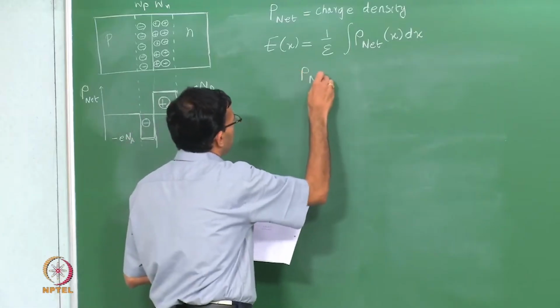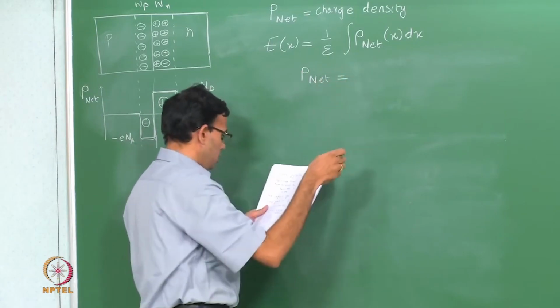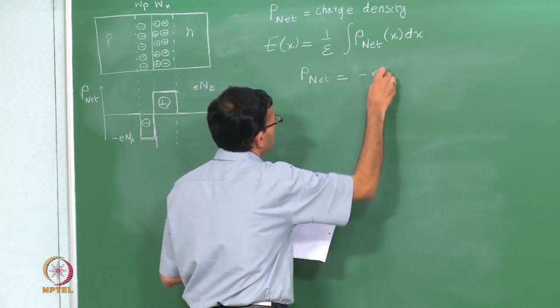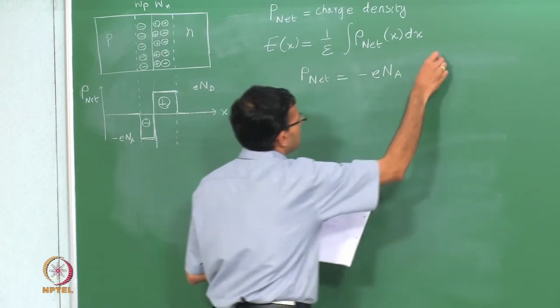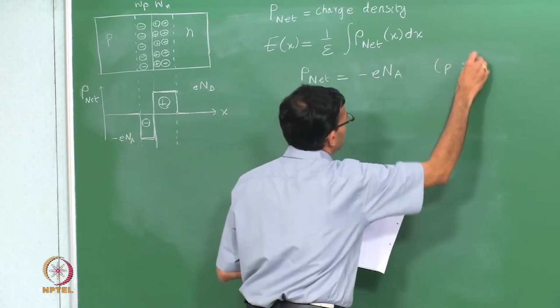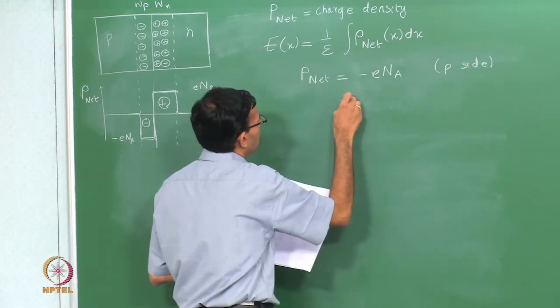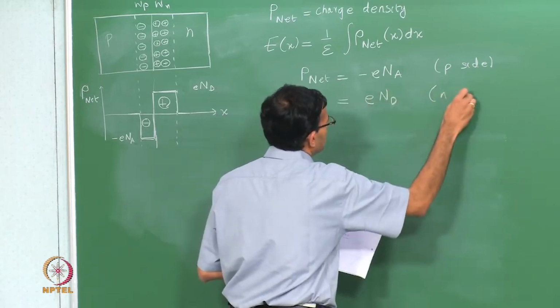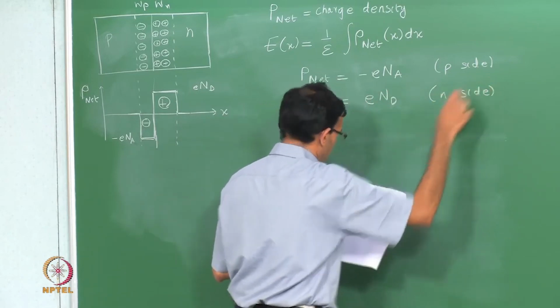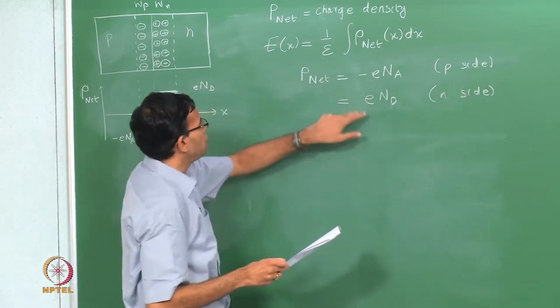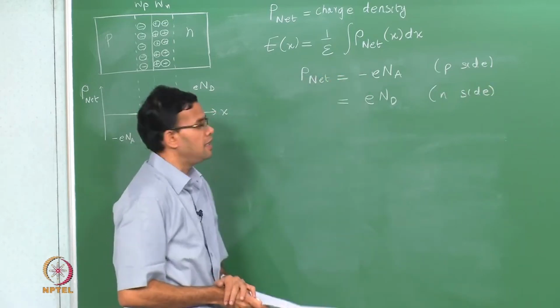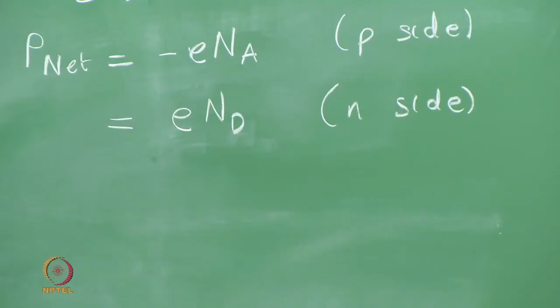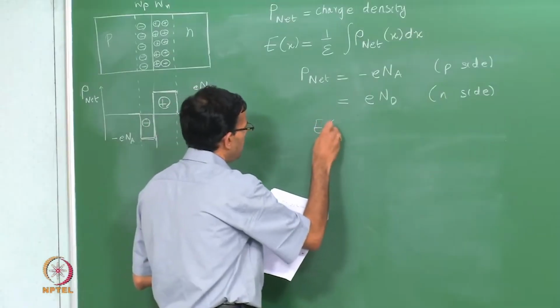So, we saw that rho net is equal to minus e Na on the p side, and it is equal to e Nd on the n side. We can substitute for this here and then integrate over the entire width of the depletion region to get the electric field E.